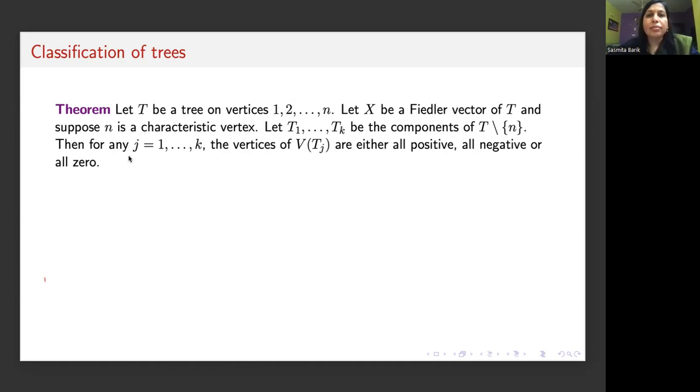Then this result says that if you consider the vertices belonging to T_j, for j equal to 1 to k, any component will contain all vertices positive, or all vertices negative, or all vertices 0. So if you take the characteristic vertex and delete it, all the components will behave like this.